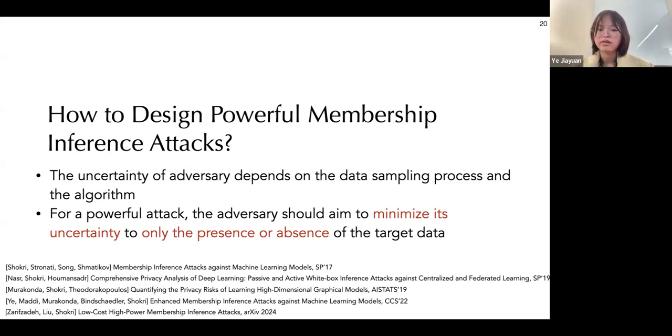They should be eliminated as much as possible for a powerful attack. That is, the adversary should take these uncertainties into account as much as possible when making the decision, so that it doesn't get fooled by these uncertainties rather than the membership signal.